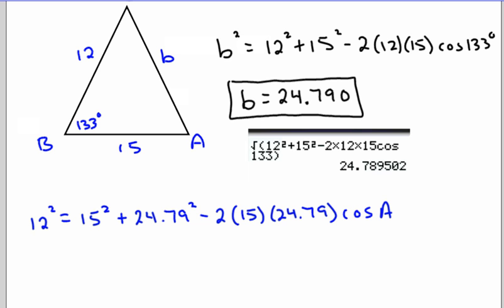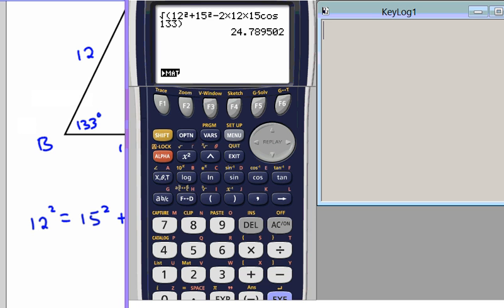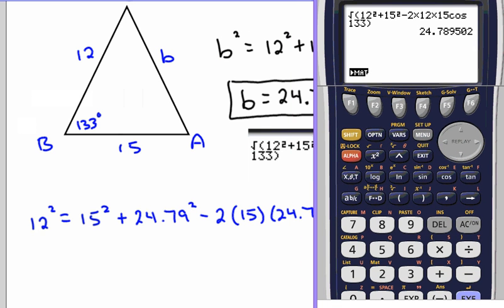So now here's where I want to work backwards to solve this for cosine of A. I'm going to take 12 squared, and subtract 15 squared. Then I'm going to subtract 24.79 squared.